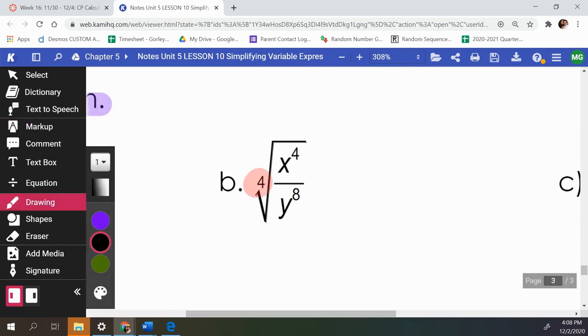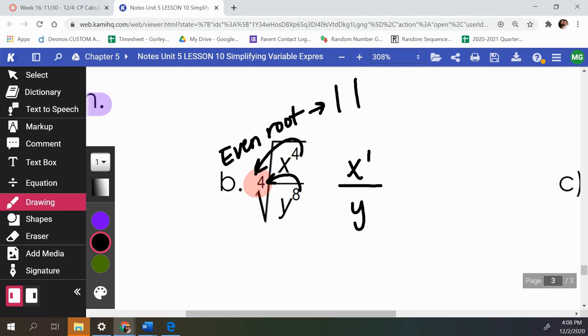Here, do I need to worry about absolute value? Yes, we have an even root. Even root may mean that we need absolute value bars in our answer. So 4 divided by 4, we get x to the 1st. 8 divided by 4, we get y squared. And so really I should be writing my answer like this, where I've got absolute value around both expressions.